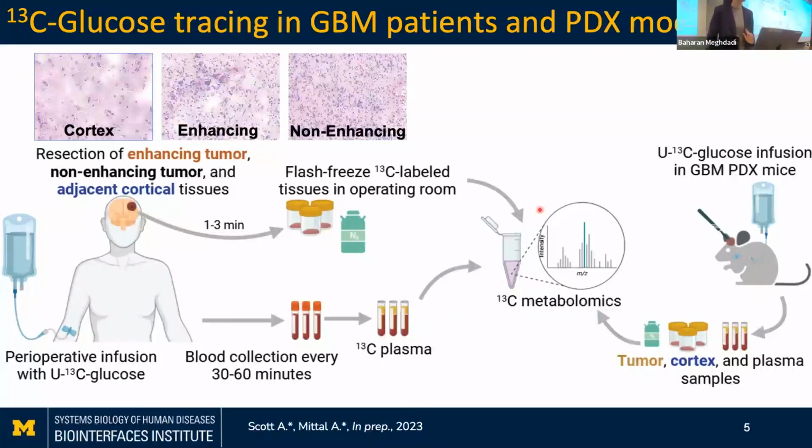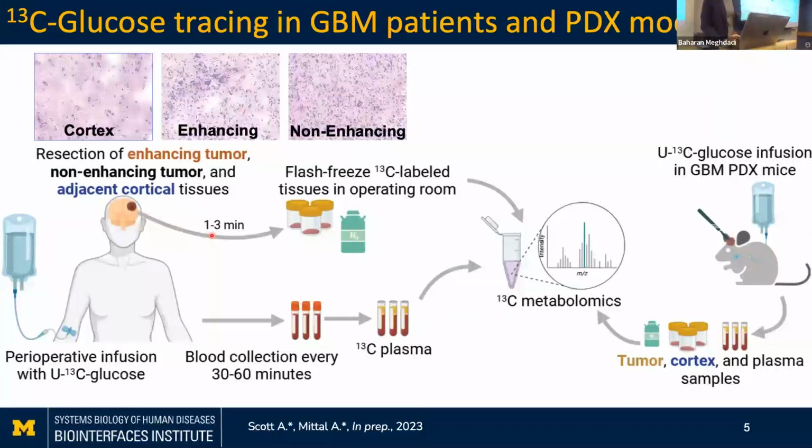Enhancing and non-enhancing are both tumor. Cortex is normal tissue. The difference between enhancing and non-enhancing is based on the penetration of blood vessels into the tissues. Here you can see that this part is a blood vessel, so enhancing has more penetration of blood vessels.